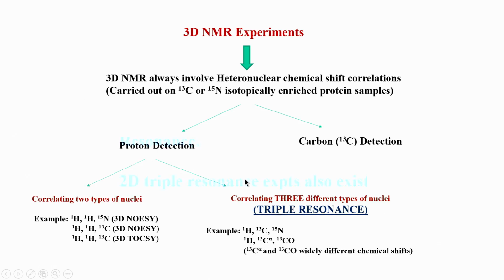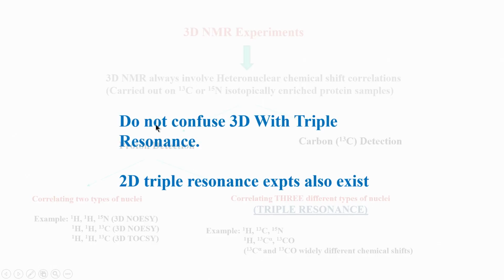One most important thing is that you should not confuse a 3D experiment with triple resonance, which means every 3D experiment need not be triple resonance. Triple resonance applies specifically to three different nuclei, whereas 2D and 3D have nothing to do with the number of nuclei; they have to do with how many indirect evolution periods there are in an experiment. If I have two indirect evolution periods, the spectrum comes out as 3D.